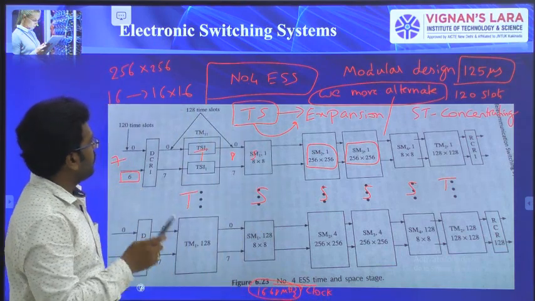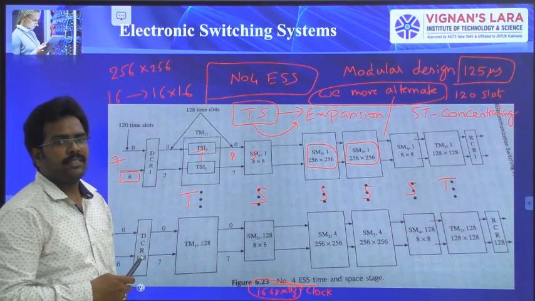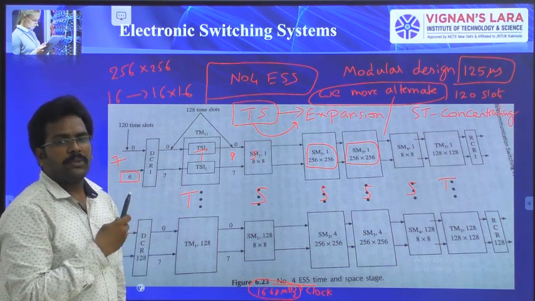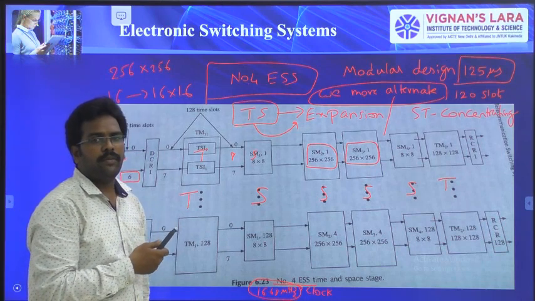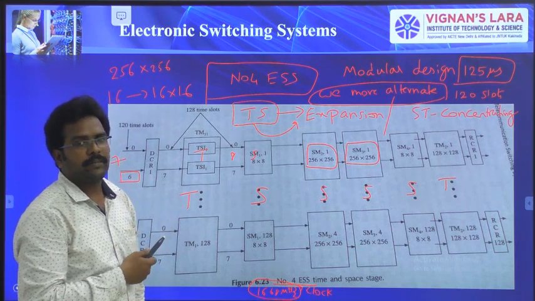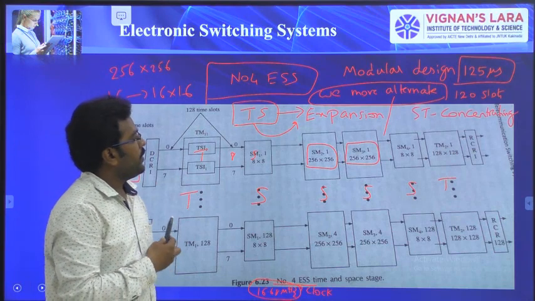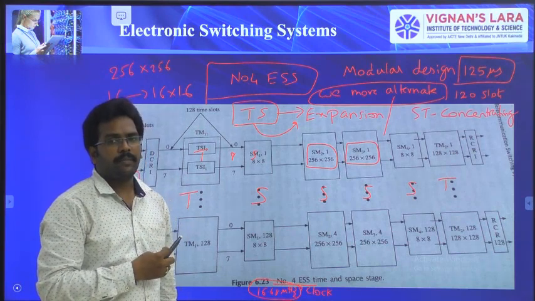So this is about the number 4 ESS n-stage combination switch, which is used in the US for providing service to a large number of subscribers. With this you have completed unit number 3. Thank you.